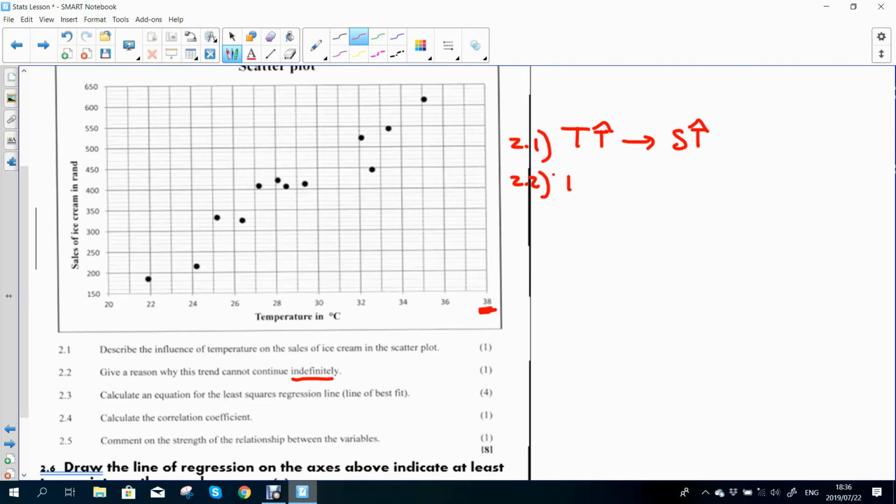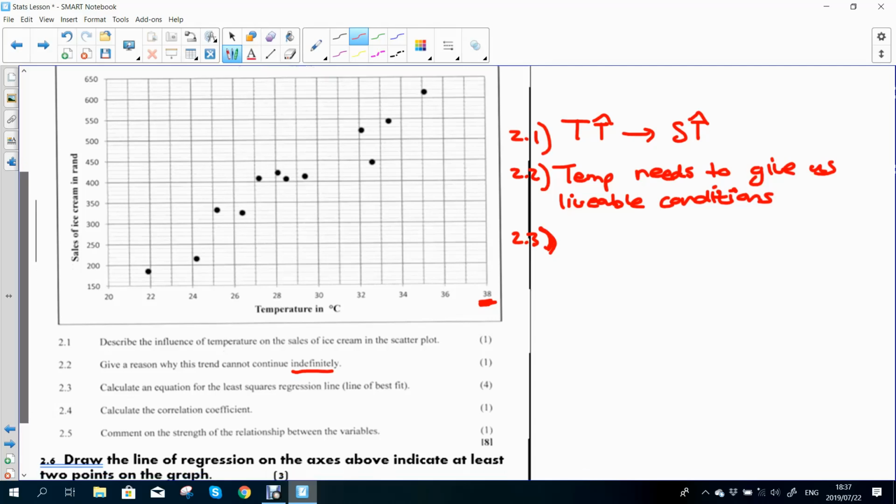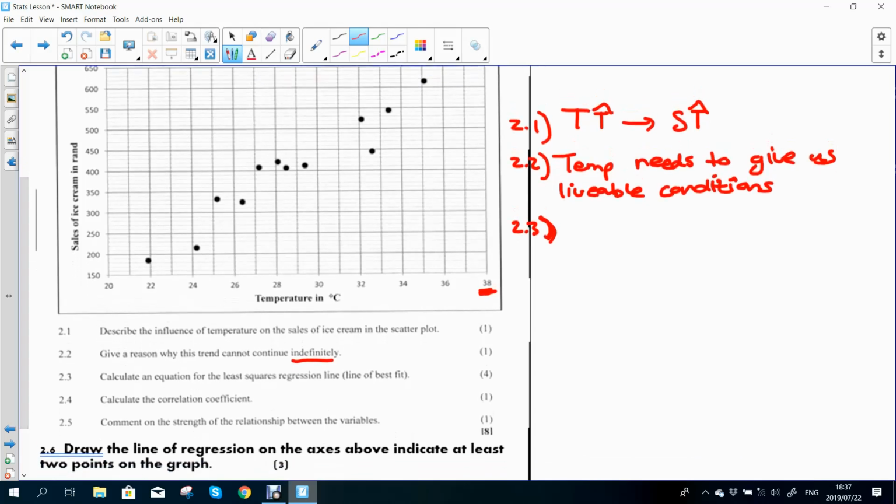So the temperature needs to give us livable conditions. We can't go on indefinitely and making the temperature rise, because at a stage people are not going to drink cool drink anymore or buy ice cream. They're just going to faint and die because it's too hot. That's why. And that's for 1 mark.